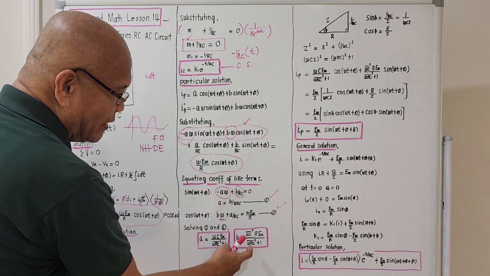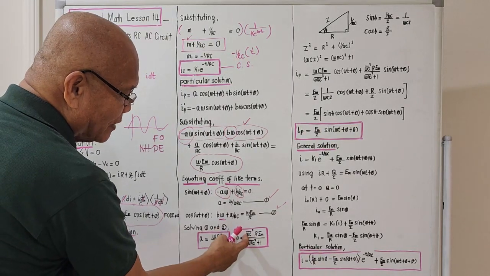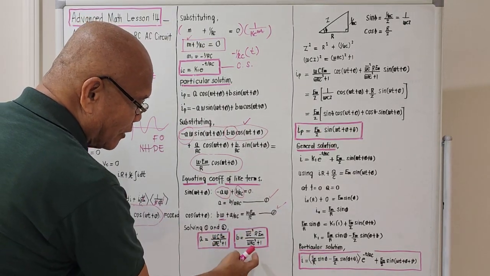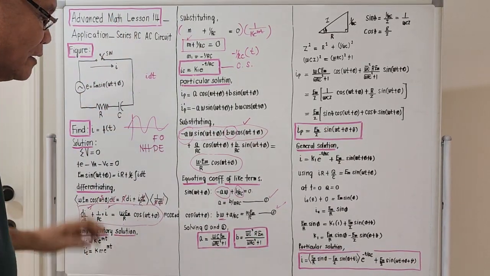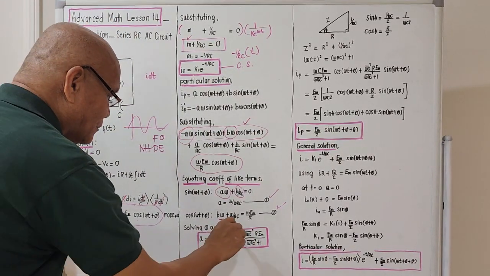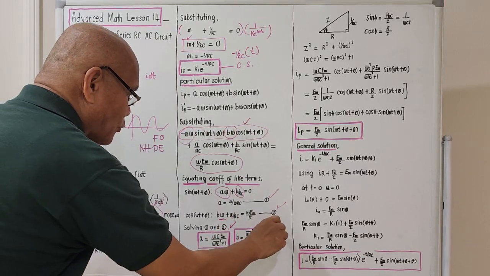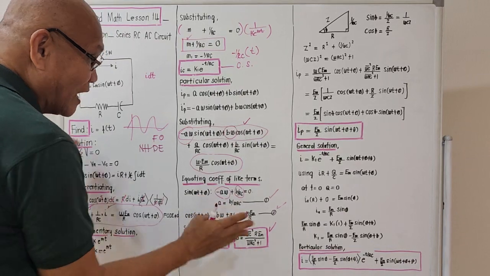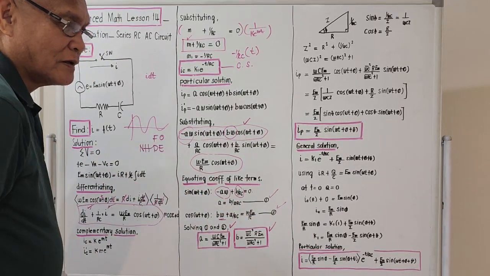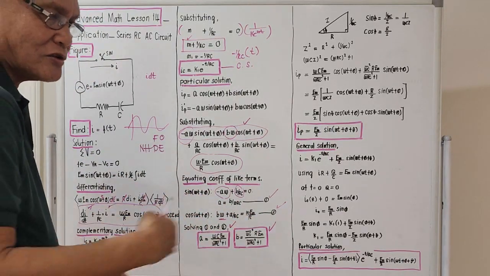And B will be omega C square times R E sub m all over omega RC square plus 1. These are the values of A and B. If we try to solve simultaneously equation number 1 and number 2, that is after the simplification. Oh, we lack space. I won't show you anymore.